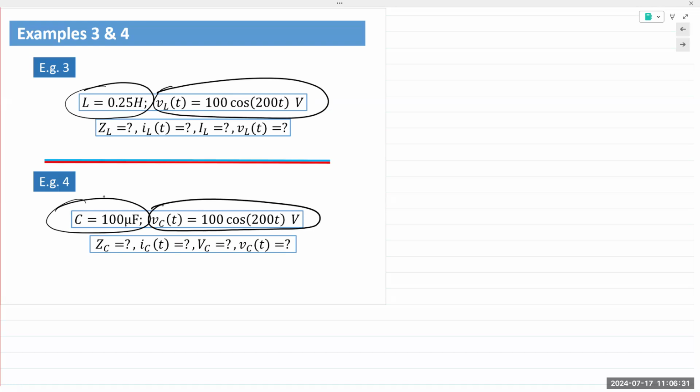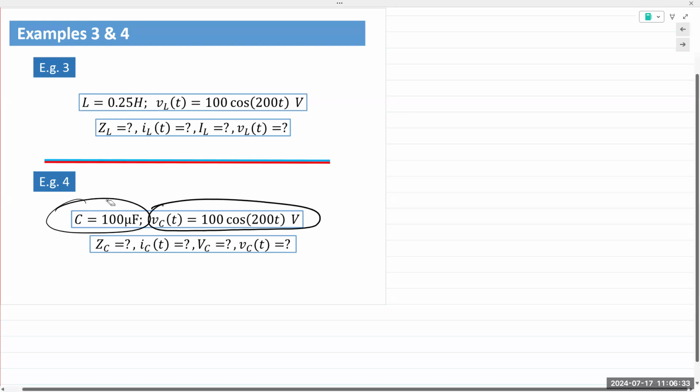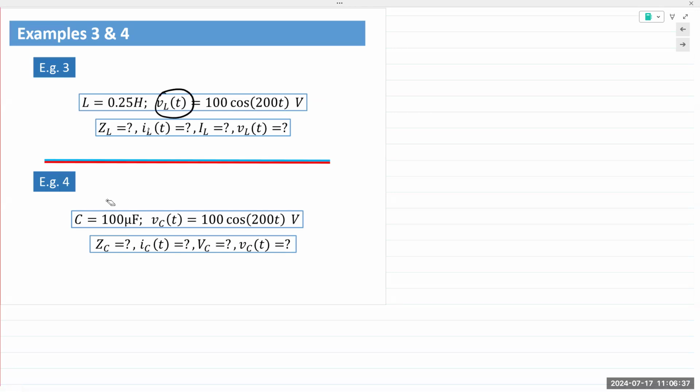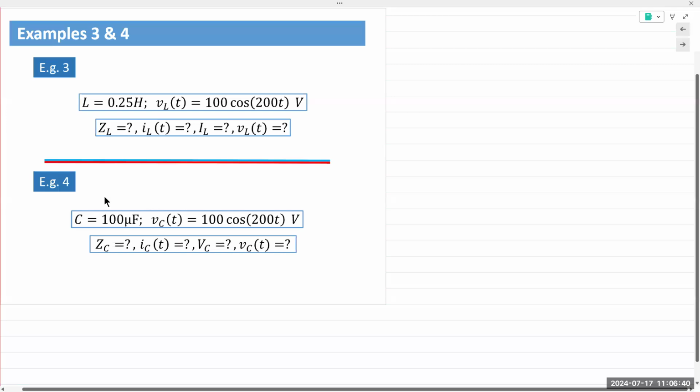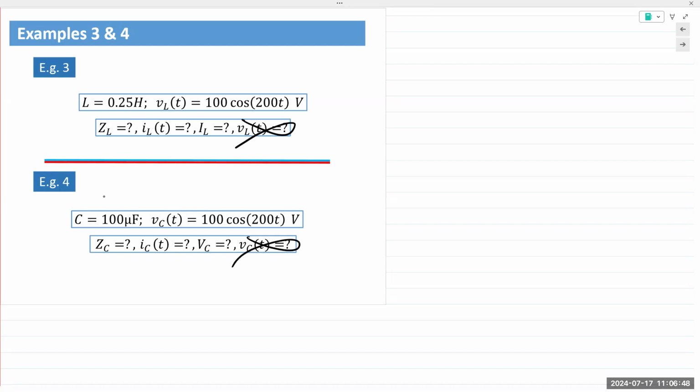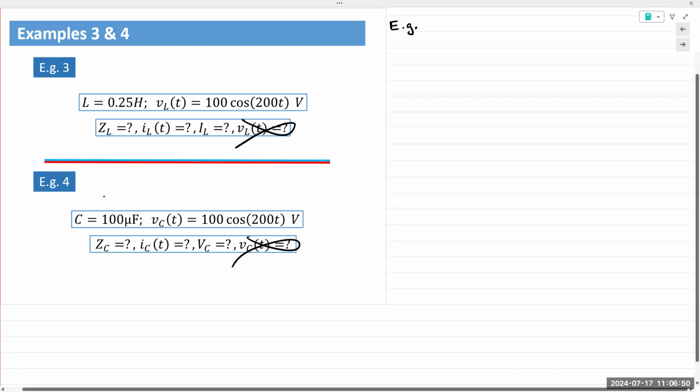So let's take example 3 first. The voltage for an inductor is given, and we are asked to find the current. This is incorrect, and this is incorrect; we don't need that because it's already given. Think back to chapter 3.